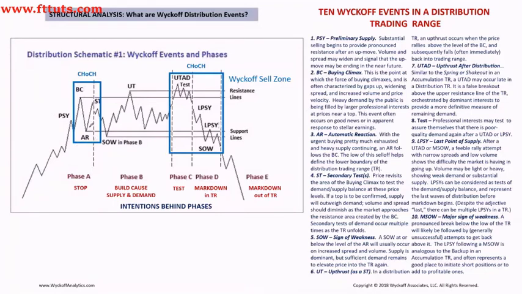As weak hands are buying on the way up, imagine what happens to them on the next reaction. They're basically saying, this is probably a wrong position for me to be in. And it's going to get them out of this position, maybe on the sign of weakness, maybe on the secondary test, just because there was a reaction and they were expecting more of the move to the upside.